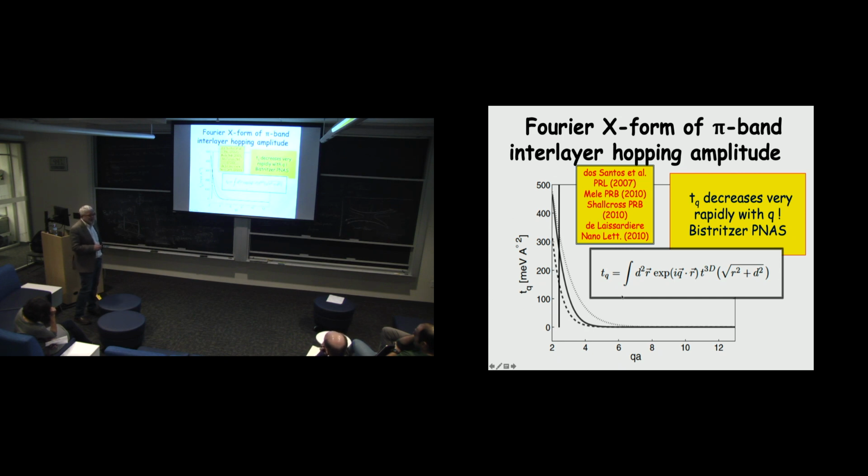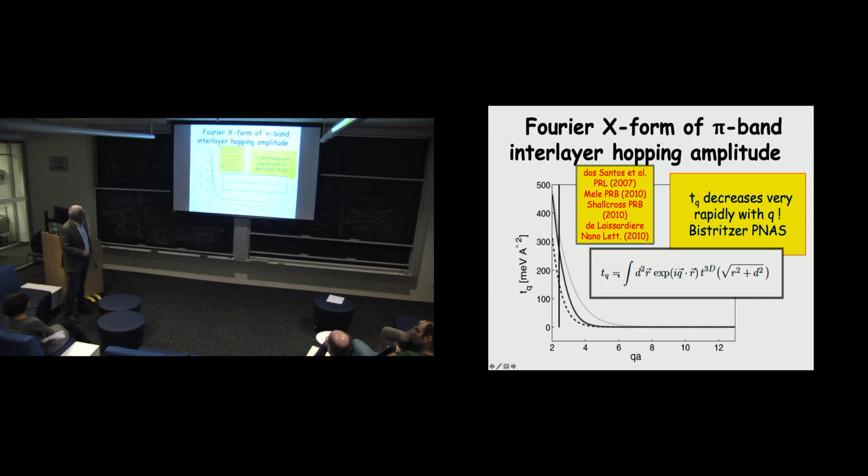But it turns out that whatever this model is, there's only one parameter that controls how the layers are coupled to each other for states near the Fermi energy.